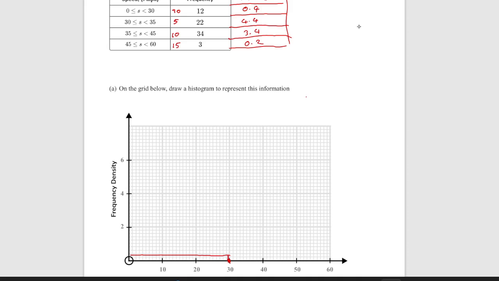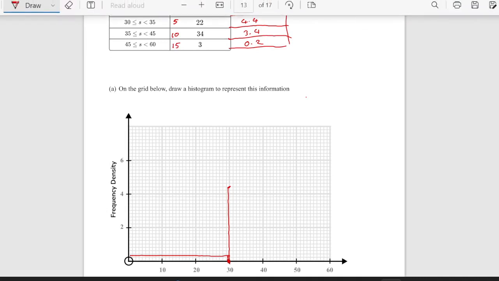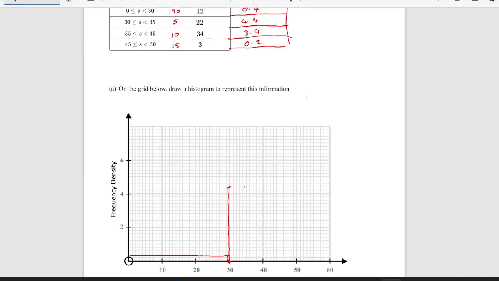Okay, my next one is 4.4, so 4.4 is going to be up to there, and I'm going across to 35. Oh, that didn't hit.